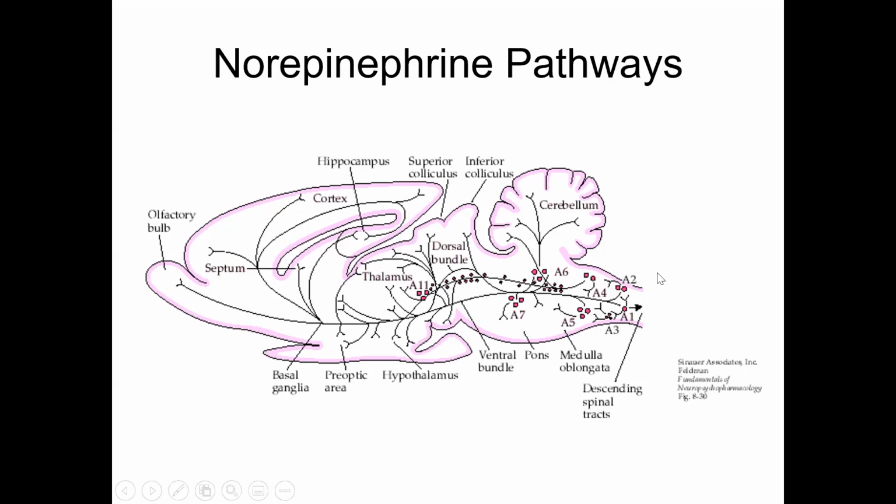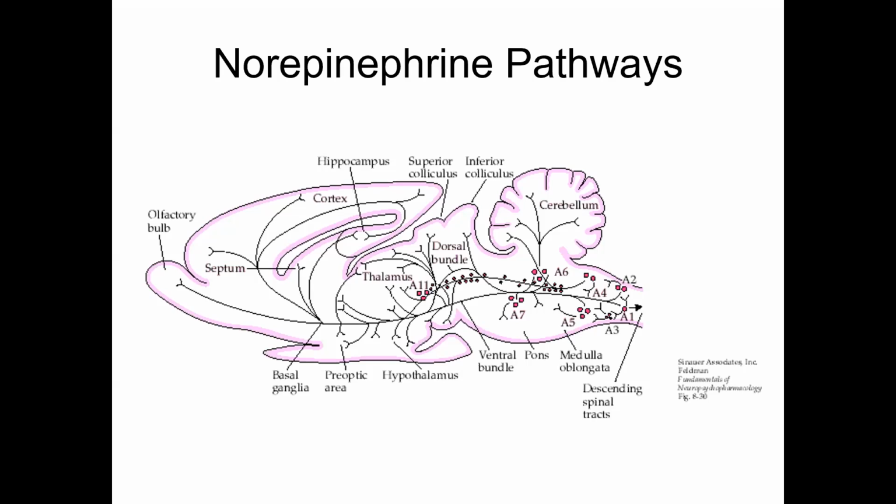So with the work of Dahlstrom and Fuchs, and then Ungerstedt, and then Lindvall and Bjorklund, you were able to identify the norepinephrine containing neurons, and then found that these neurons had rather specific types of projections that modulated a whole bunch of the functions that were attributed to them.